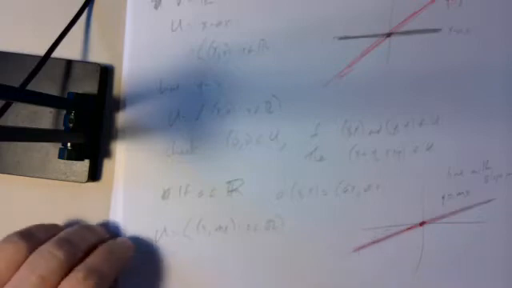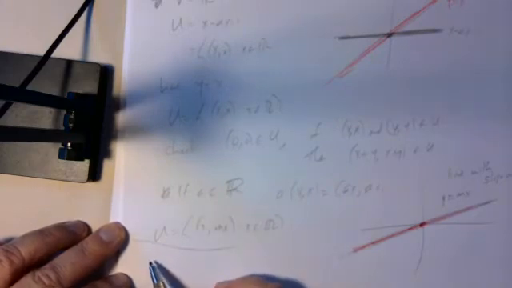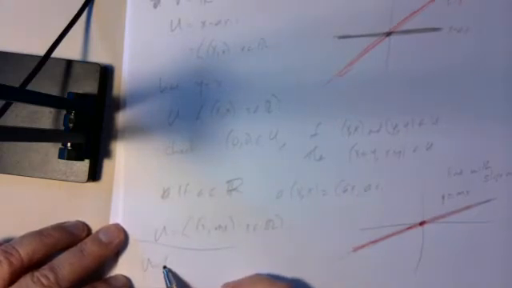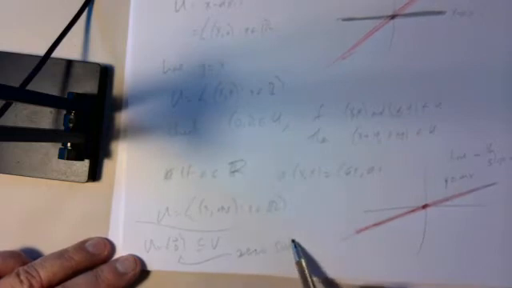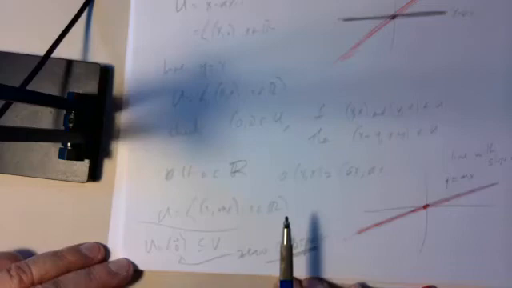Oh, I should give one other example of a subspace. If I take U to just be the 0 vector contained in any vector space, this is called the 0 subspace. And it is a subspace. It's closed under scalar multiplication because any number a times the 0 vector is the 0 vector.